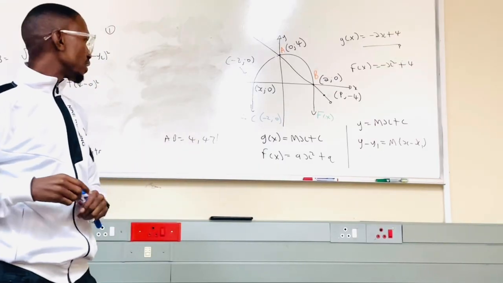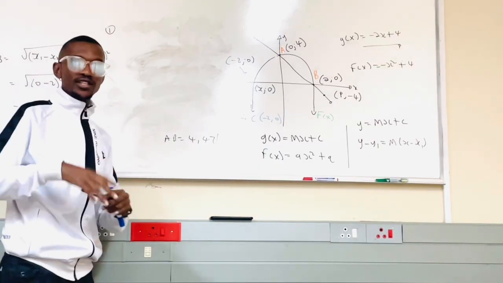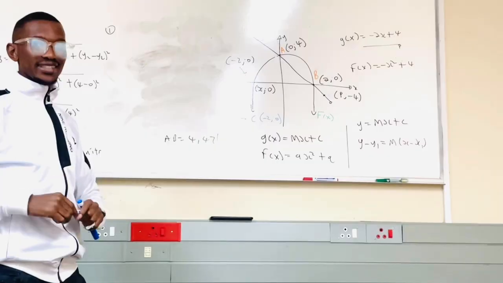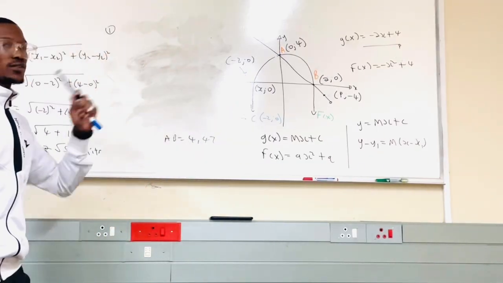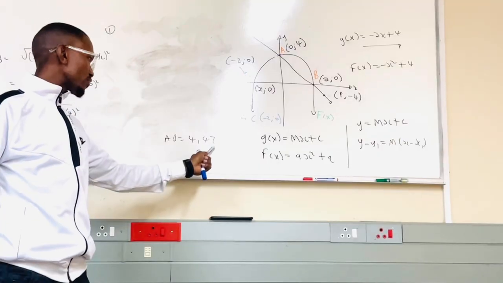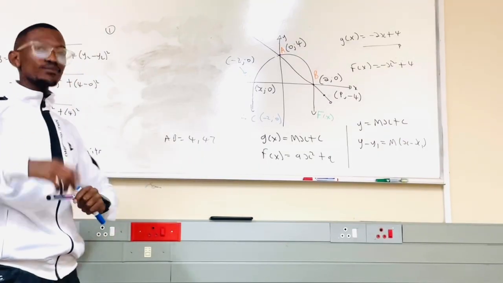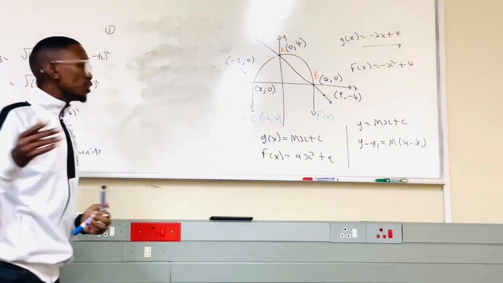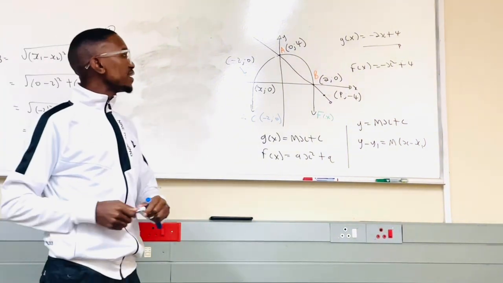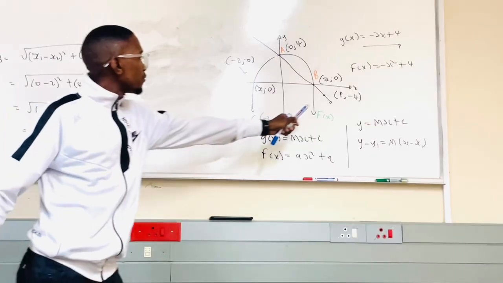Check it there. Your answer has to be something like that. If they say 2 decimal places, the answer is going to definitely be 4.47, because after the comma must have 2 numbers. Okay, good stuff.